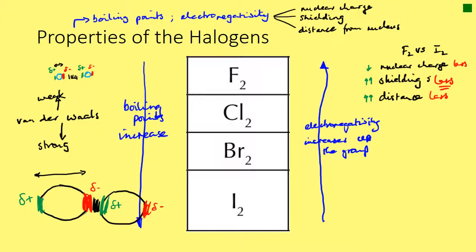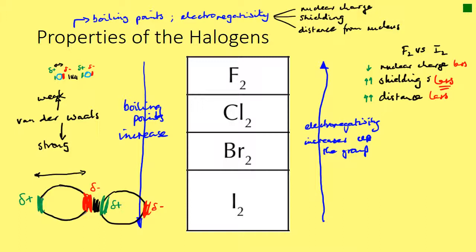from the nucleus. So let's consider two cases again. One electron is a long way away from a 10 proton nucleus, and the other electron is close to a 10 proton nucleus.